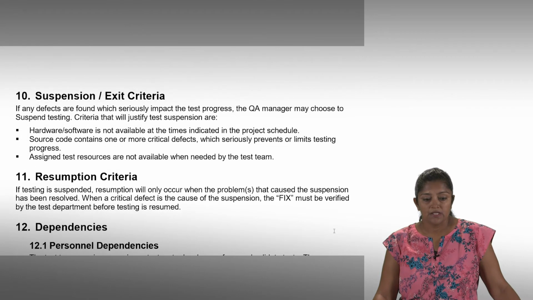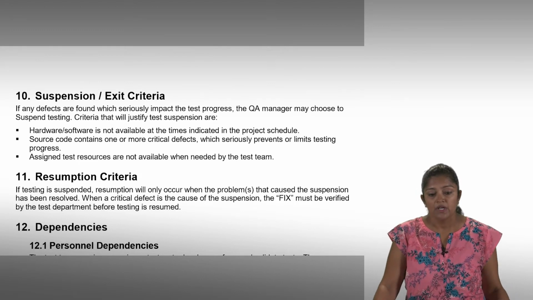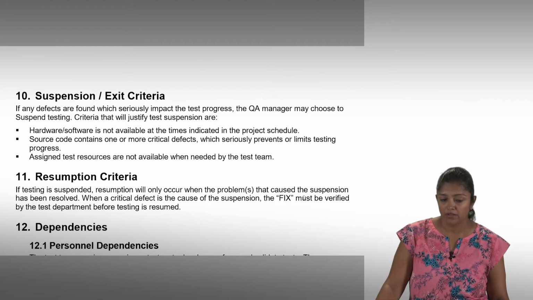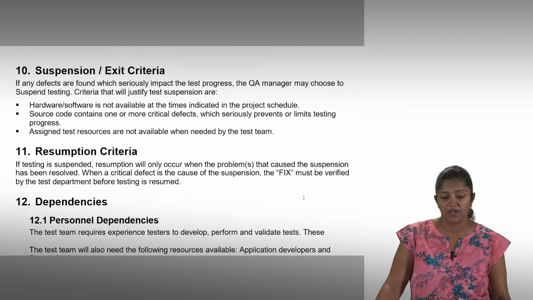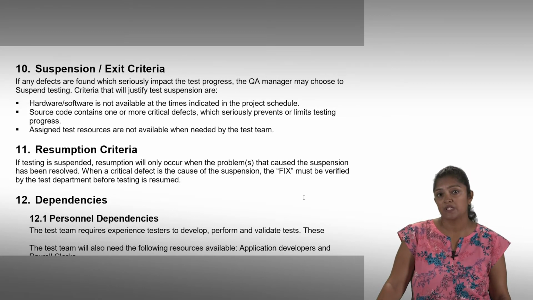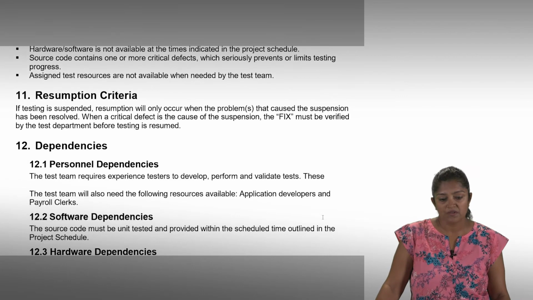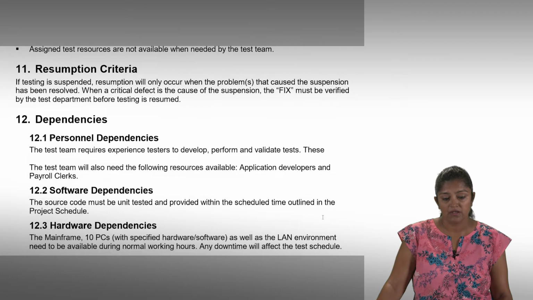And then there's suspension and exit criteria. At what time do we suspend testing? So if there's some specific criteria on that, those things can be specified in here. Resumption criteria, if testing has been suspended, then when can it be resumed again? If there are some rules pertaining to that, it can be listed.